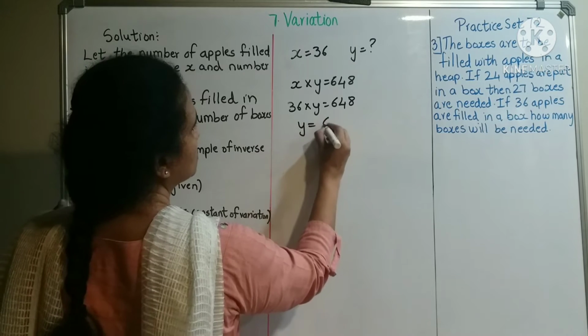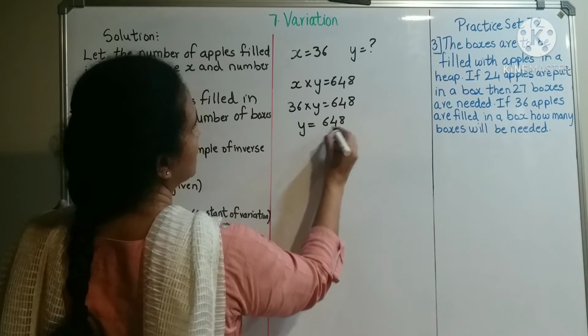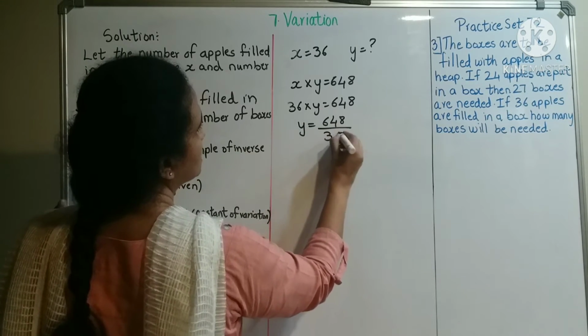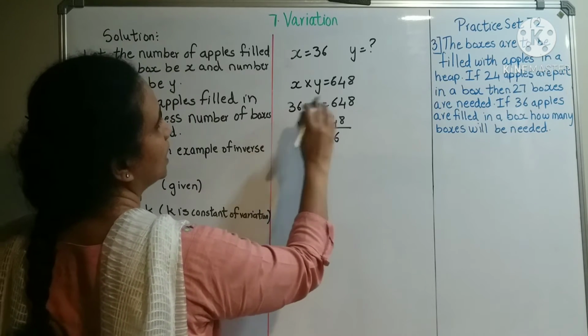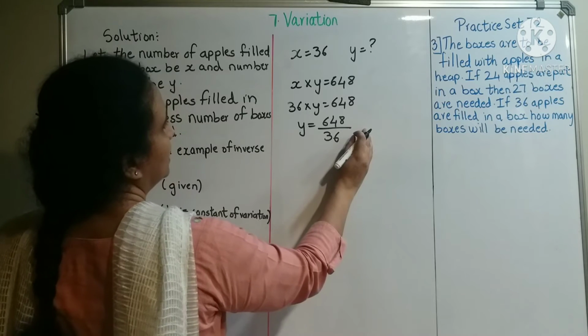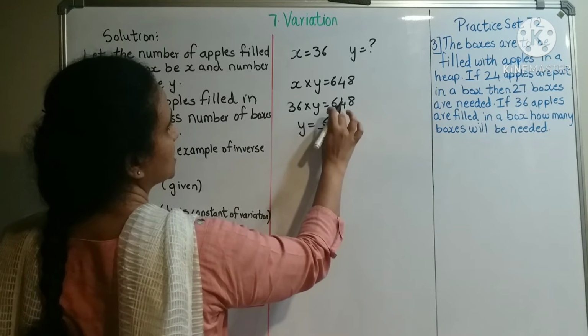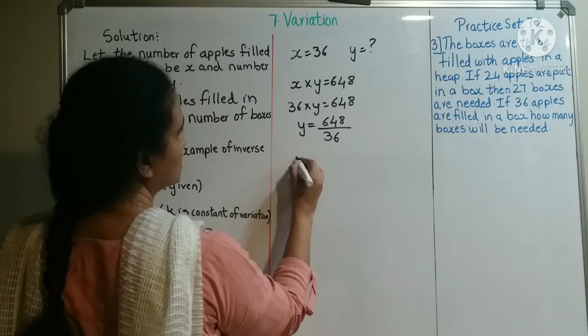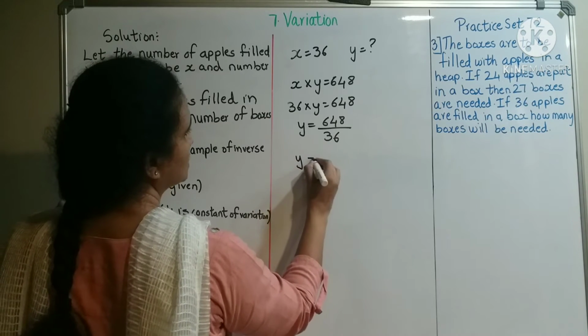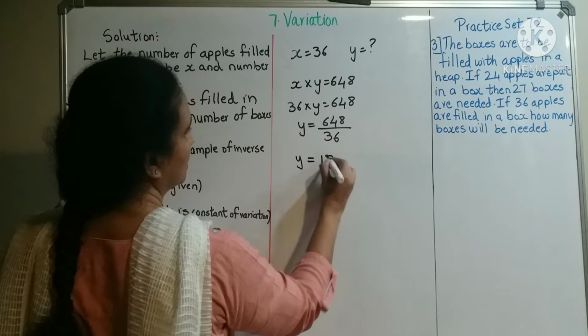Y is equal to 648 upon 36. When we write this number 36 on the right hand side, it will divide this number 648. When we carry out the division, we get the answer as y is equal to 18.